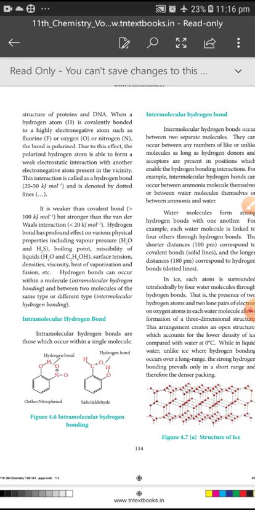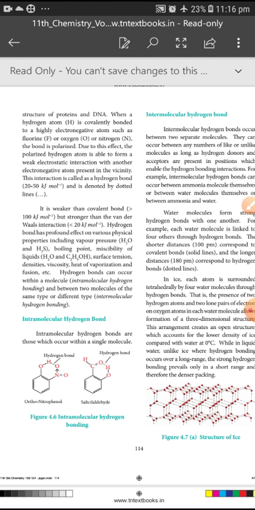Hydrogen bonds can occur within a molecule, that is called intramolecular hydrogen bond. Hydrogen bond between two molecules of the same type or different type is called intermolecular hydrogen bond. Intramolecular means within the molecule.